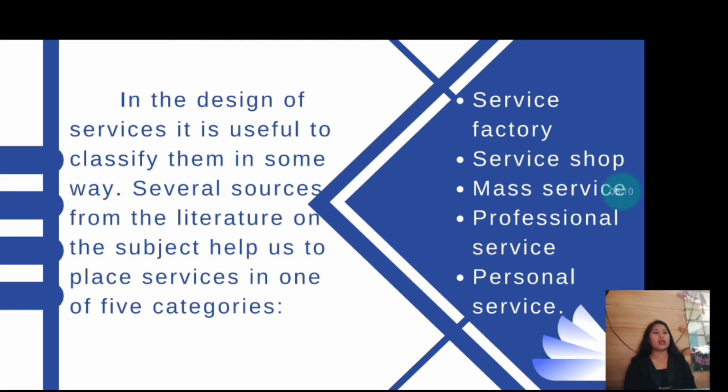Professional service like sa engineers, sa mga architect. So lastly is personal service. So it is service based on the intellectual or manual efforts to an individual. As for salary or wages, they perform for a fee.